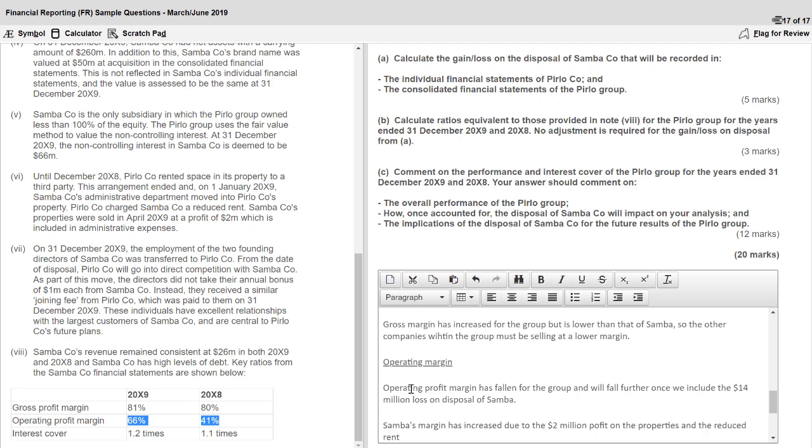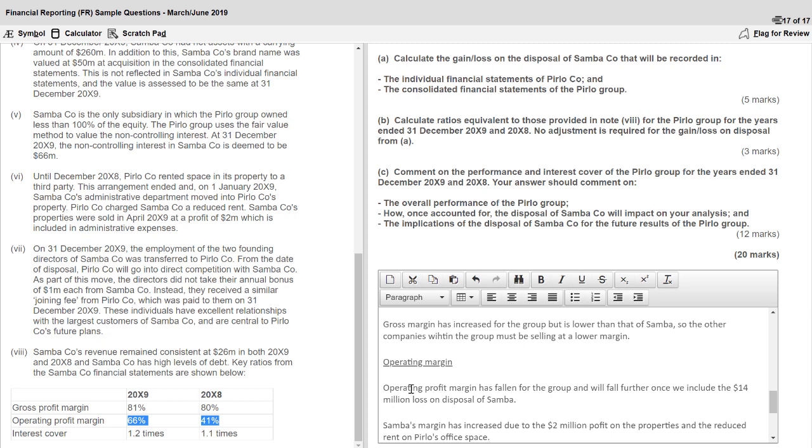And the reduced rent on Pirlo's office space. Okay, so again, I'm scoring good marks there because I'm using the information that's given in the question with regards to profit on the properties, and if you like, the reduced rent, and also using our information that we've got from part A of the question.